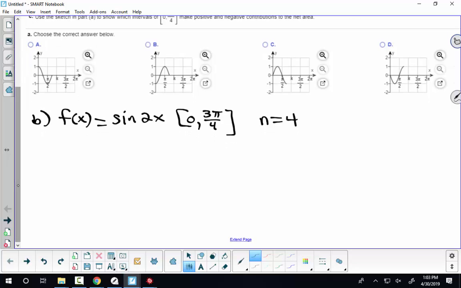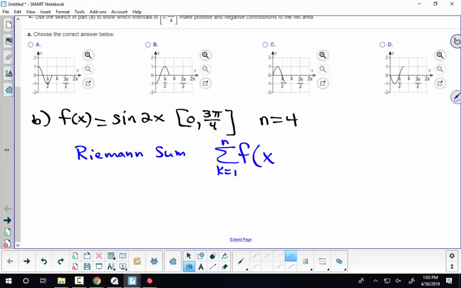So let's remind ourselves that our Riemann sum is the sum from k equals 1 to n of f evaluated at x star sub k times delta x.